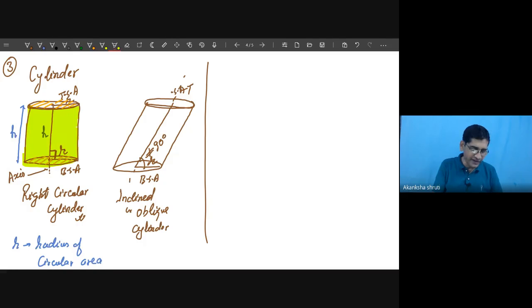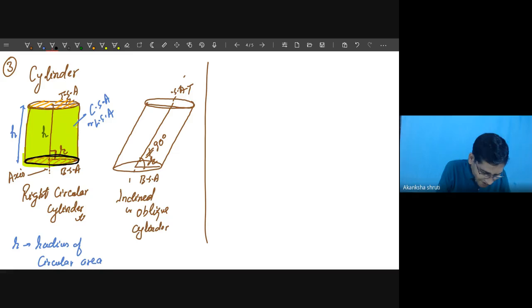So this yellow part will give us the curved surface area. Since the surface is curved, we use the curved surface area, also called the lateral surface area. How is this lateral surface area generated? Consider a thin ring.